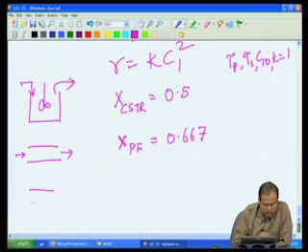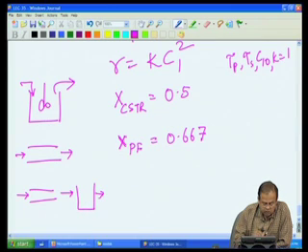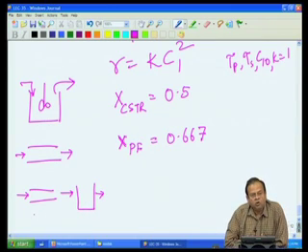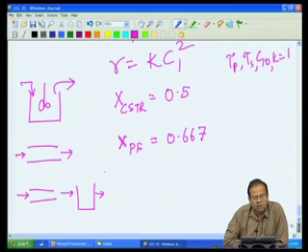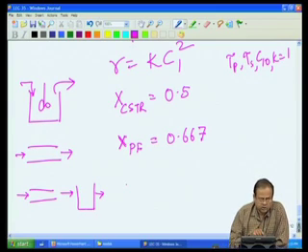Now, let us say that I consider a plug flow reactor followed by a CSTR. And then if I do this same calculation, first use the plug flow reactor, then find the inlet, and then calculate the exit concentration of a stirred tank reactor. So, the idea is to go in a sequential manner.